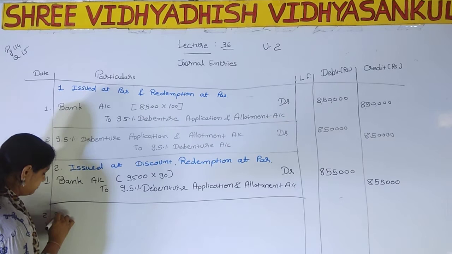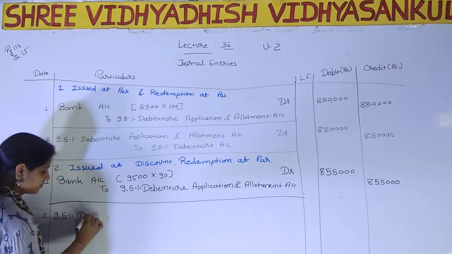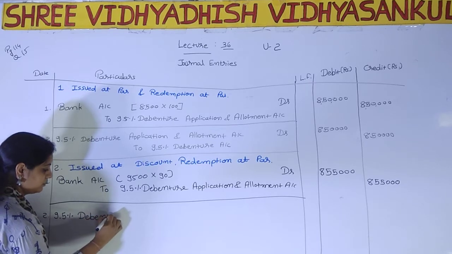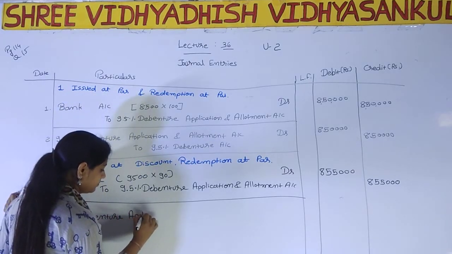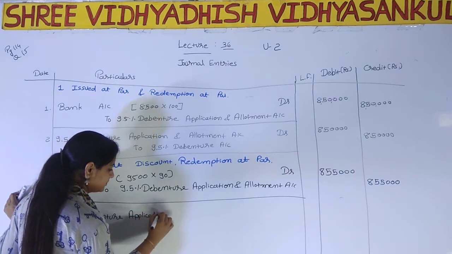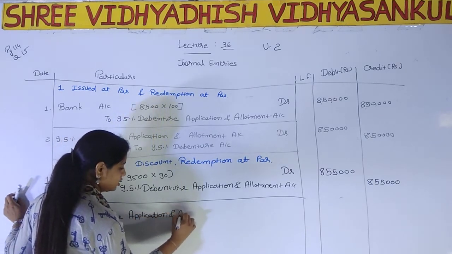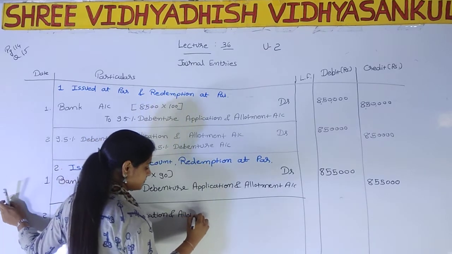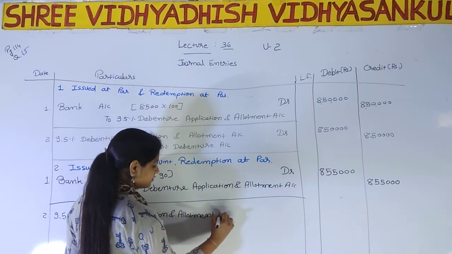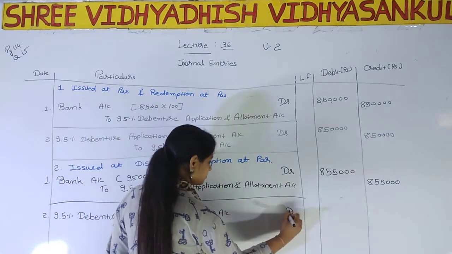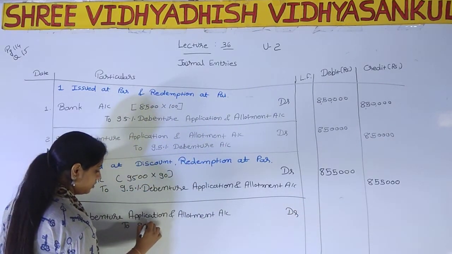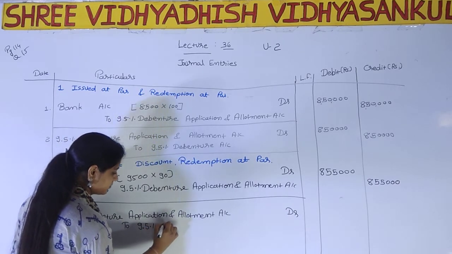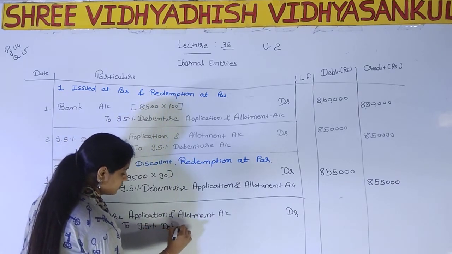And the journal entry will be 9.5% debenture application and allotment account debit to 9.5% debenture account.